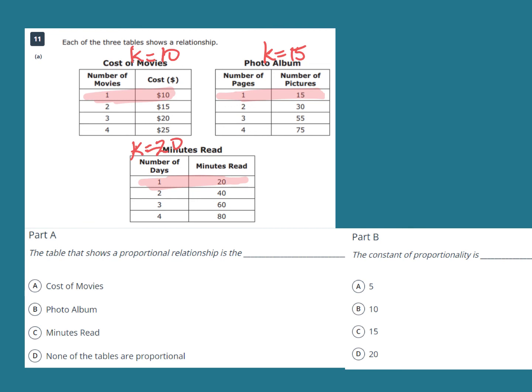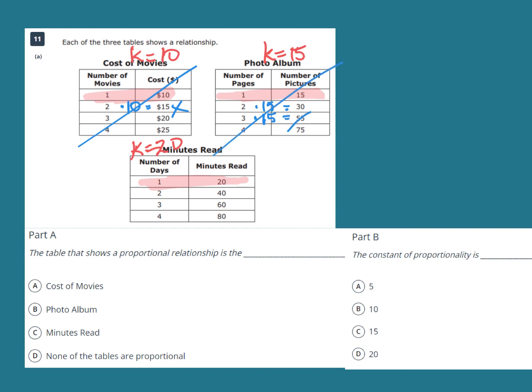So let's see, 2 times 10 equal 15. Nope, movies doesn't work. 15. 2 times 15, yep, that works, equals 30. 3 times 15 does not equal 55.